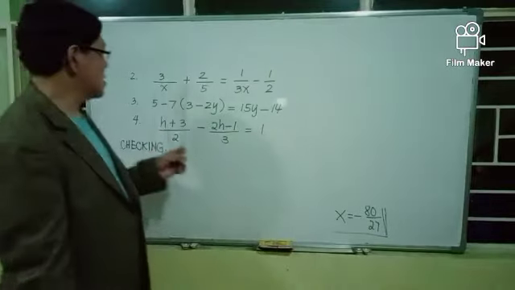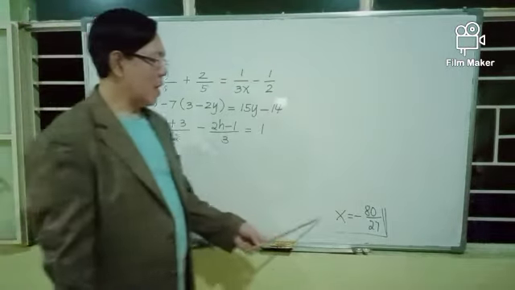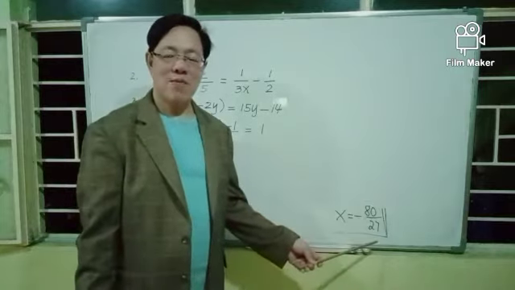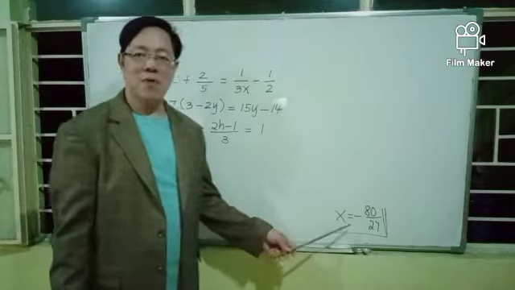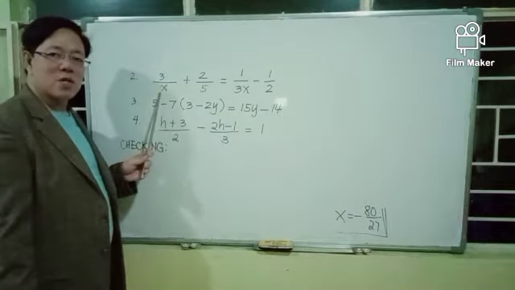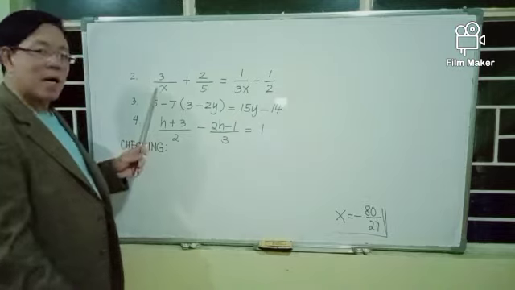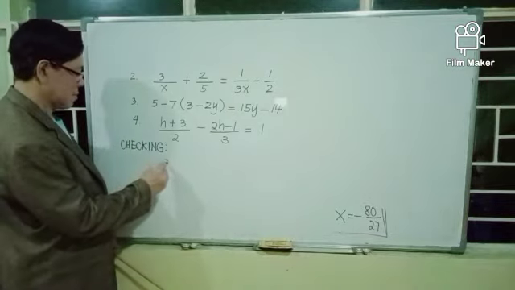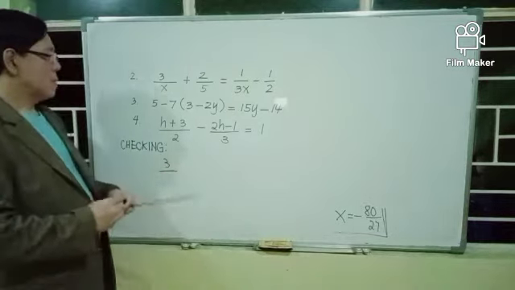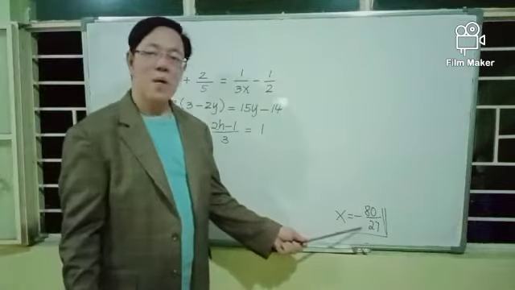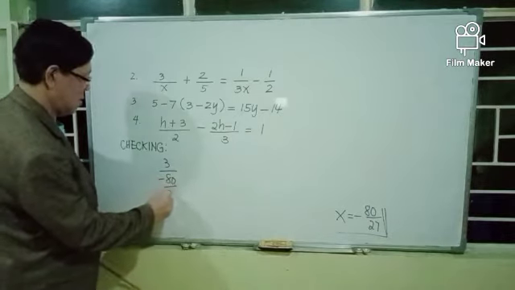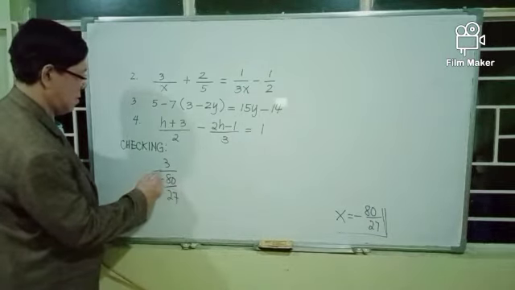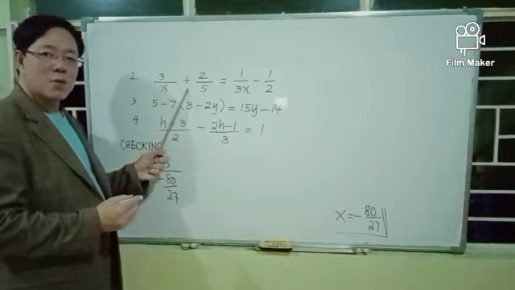Now check if our solution for the second linear equation, x equals negative 80 over 27, is correct. By substituting this value of x in this linear equation, we have 3 over x, but x equals negative 80 over 27, plus 2 over 5.